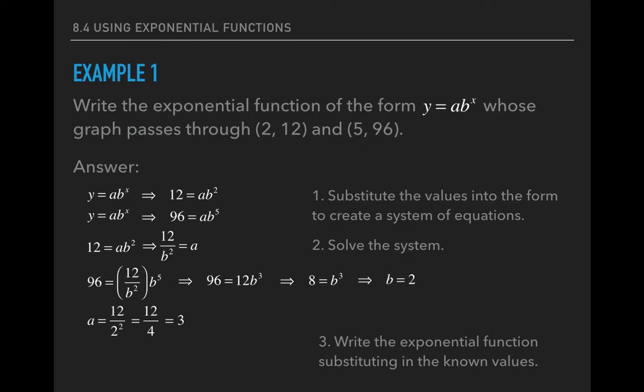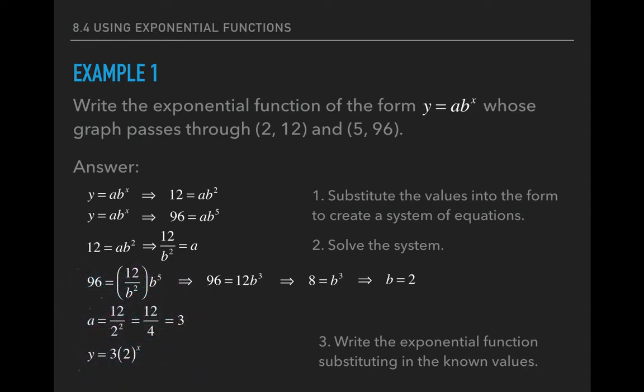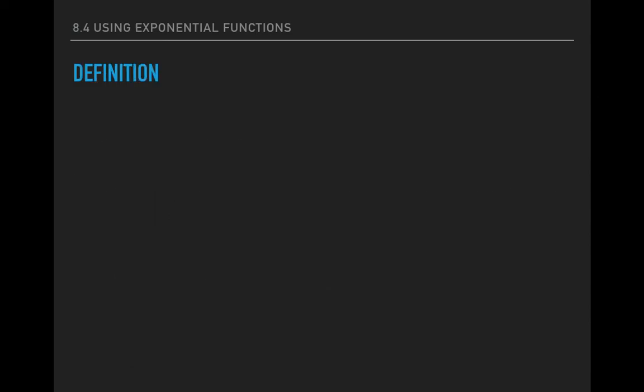We can now write the exponential function substituting in these values for a and b. And that would give us y equals 3 times 2 to the x. I have a definition for you here.